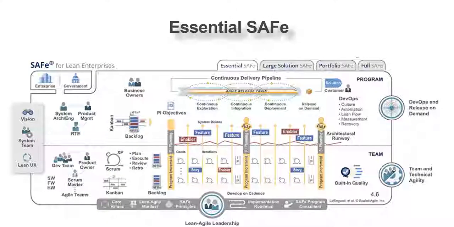Essential configuration is basically the main, the simplest doorway or entry point into the scaled agile world. If you look at it, this is the team level. This is where all the projects are currently residing.